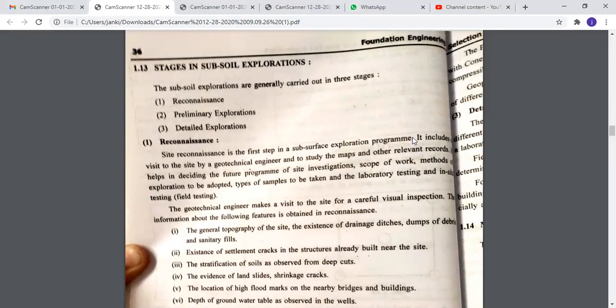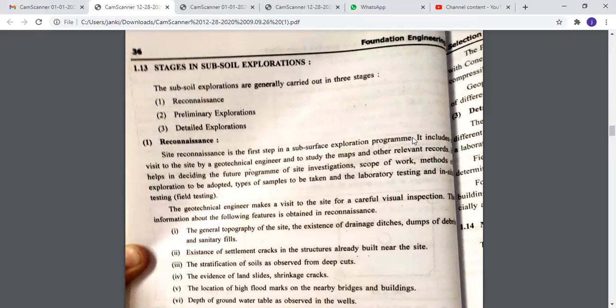It includes visits to the site by a geological engineer to study the maps and other relevant records. It helps in deciding the future program of the site investigation, scope of work, method of exploration to be adopted, types of samples to be taken, and laboratory testing and in situ testing, right?